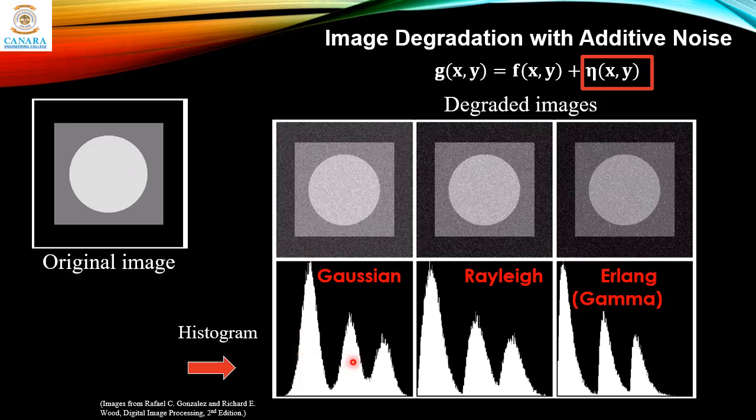Now look at the histogram after you add the Gaussian, Rayleigh, and Erlang noise. You can see the pattern of Gaussian, Rayleigh, and Erlang, as we studied when we talked about these noises in detail. The pattern is quite evident when we plot the histogram. That is how we can identify the type of noise which is corrupting or degrading the image.